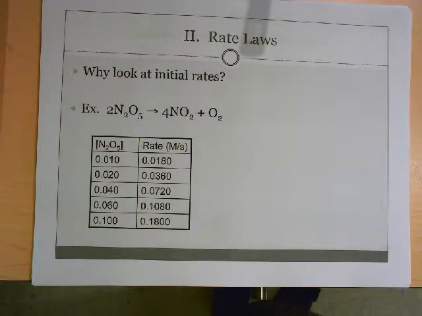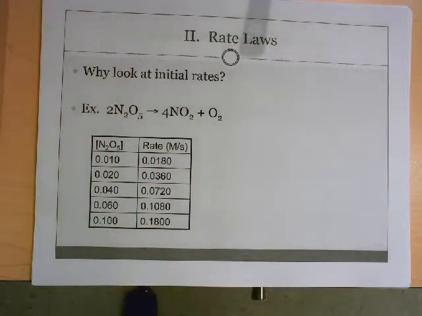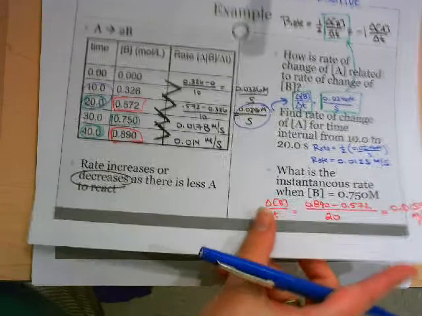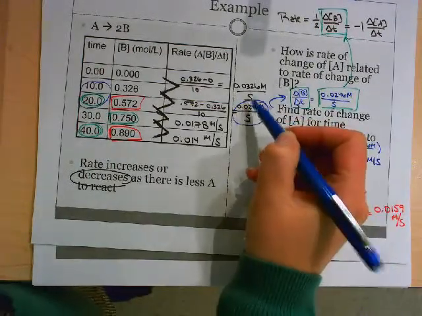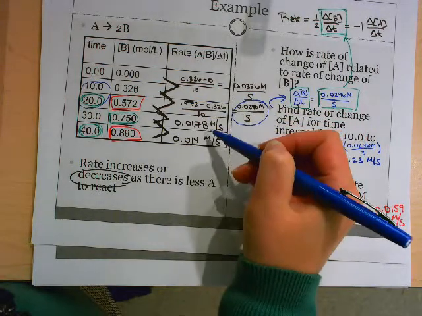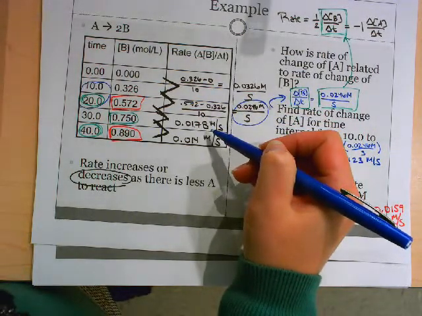Alright, so everything we just did was looking at overall reactions, right? We looked at a few points in time. We had average rates, instantaneous rates. In reality, like we saw in my little table over here, my reaction was really fast, and then it slowed down as I used up my reactant.